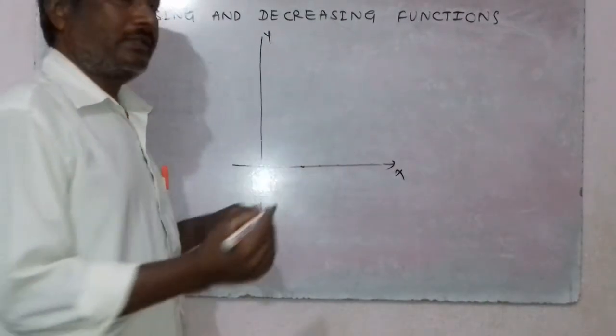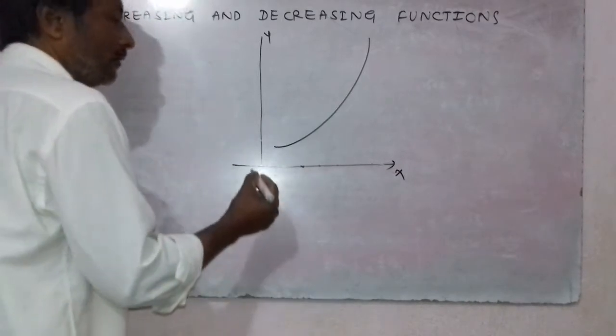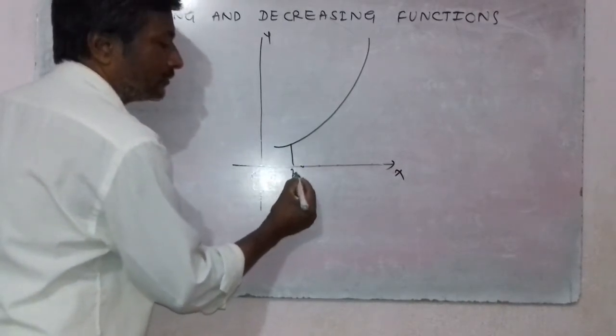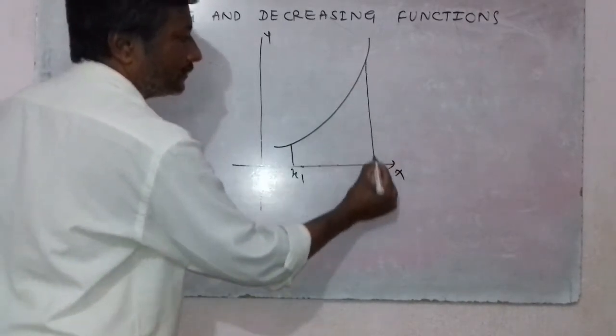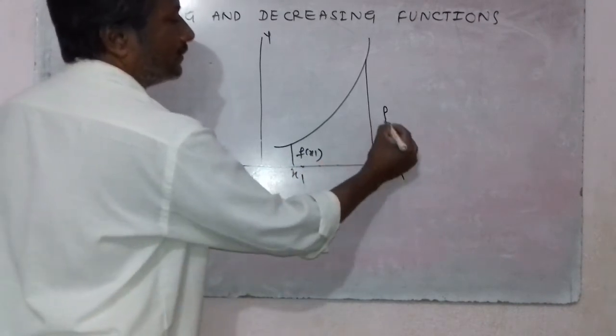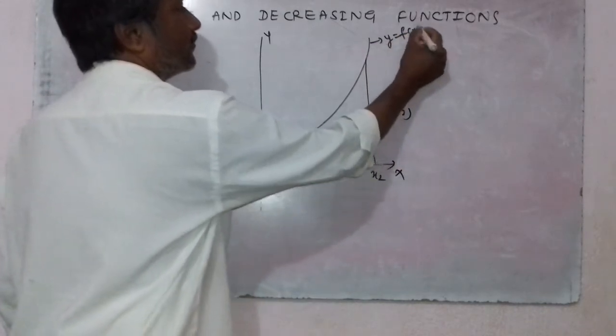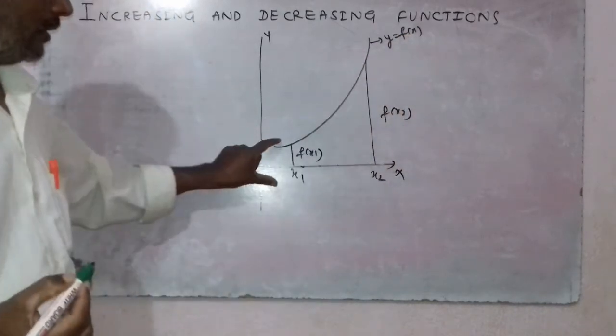Now consider this graph. This is x1, this is x2, this is f of x1, this is f of x2, and this is y equal to f of x.